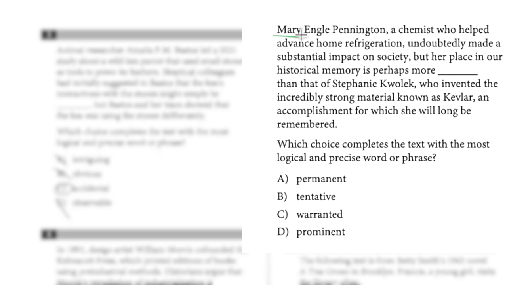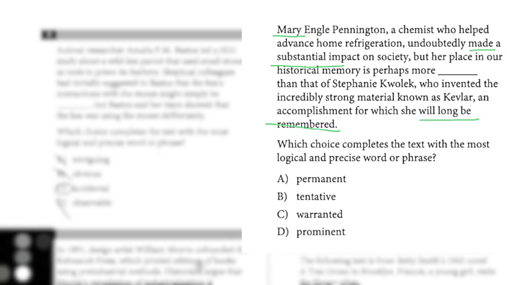It's saying that Mary made a substantial impact, but her place is more blank than this other person who will long be remembered. So I want a word that means not well remembered. Her place in historical memory is perhaps more, I don't know, I'm going to say subtle. So we have permanent, no, that's kind of the opposite.